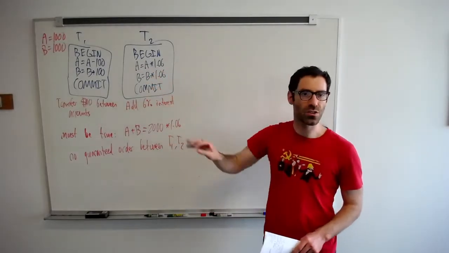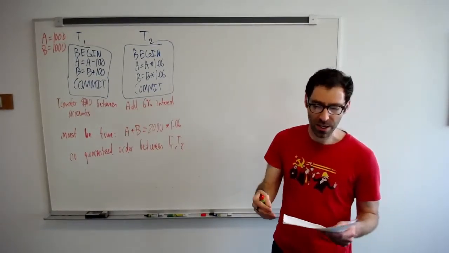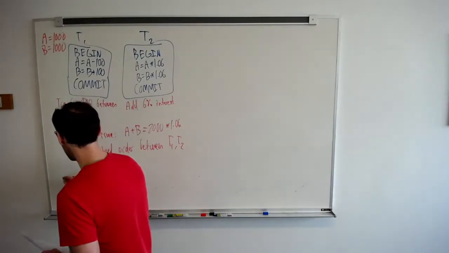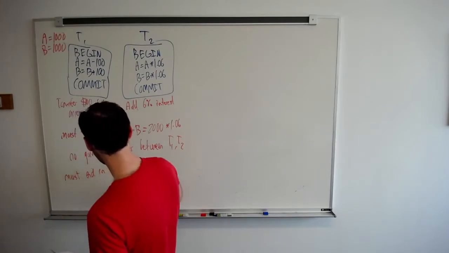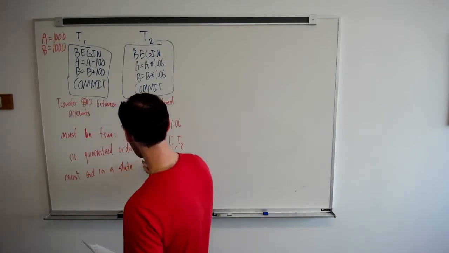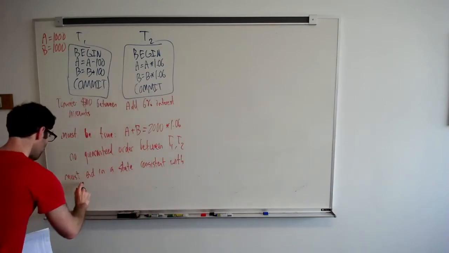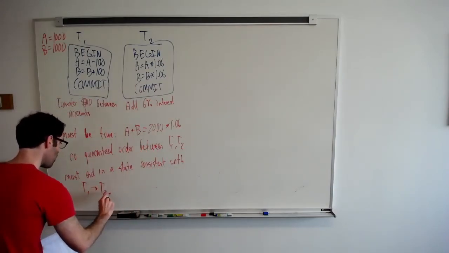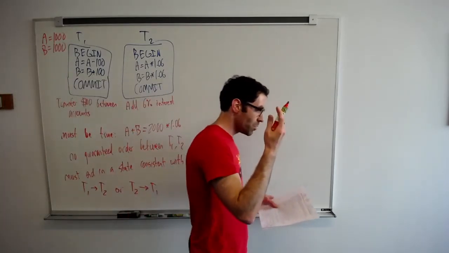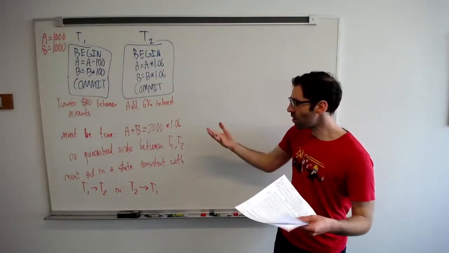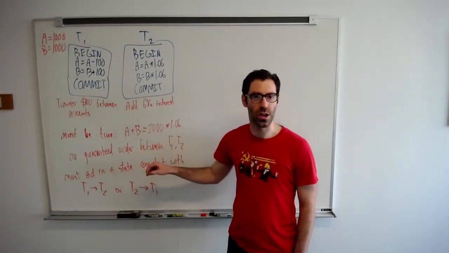We don't know which one is going to happen first, but in order to provide this isolation property and give these transactions the illusion that they are the only thing running, we have to end in a state that is consistent with some sequential ordering of our transactions.